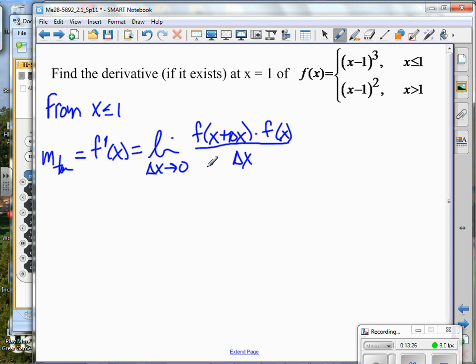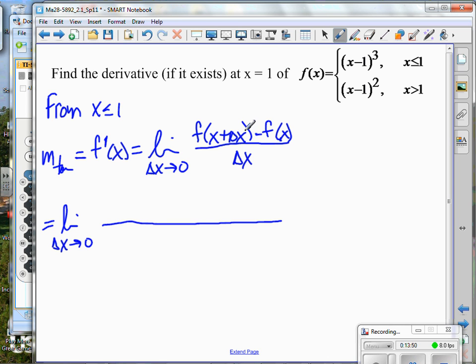Okay, now we're only going to do this from one side. So the only function I can deal with is the top one, because I'm only dealing with the inputs less than or equal to 1. So I'm going to continue though, and this is going to be the limit as delta x approaches 0.